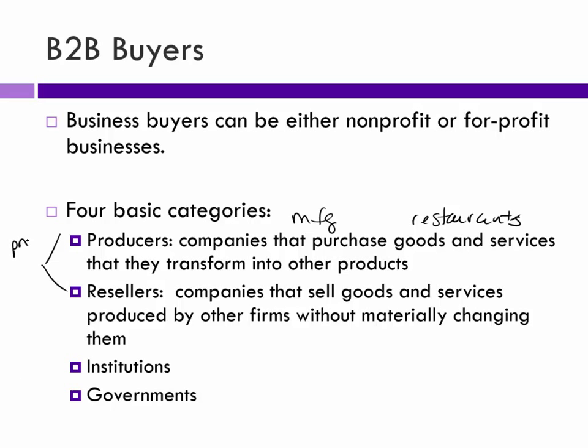These would be your for-profit, and then institutions and governments would be your nonprofit. So institutions might be like schools, hospitals, that kind of thing.